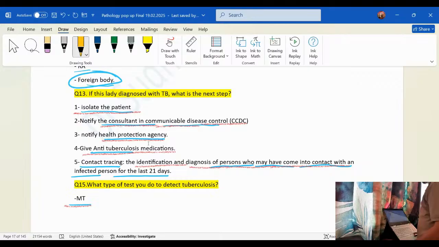Contact tracing is the identification and diagnosis of people who may have come in contact with the infected person in the last 21 days.